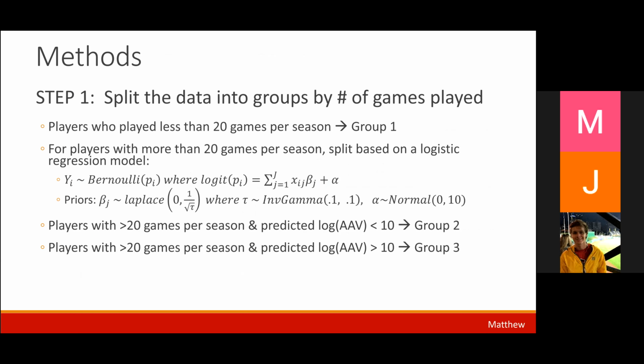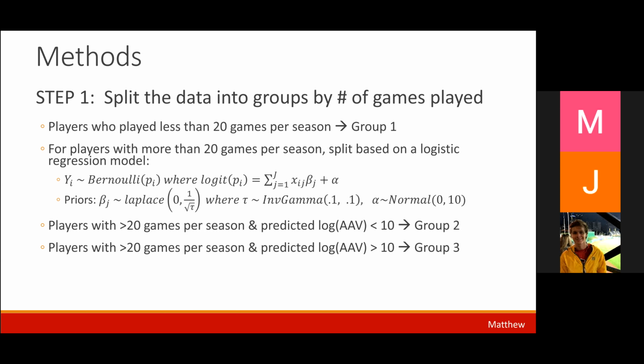For our model, we split it up into two parts. The first part is splitting the players up into three separate groups. When you think about NBA players, you can think of it as three separate groups, and we saw that within the data. The first group will be the players who are mainly bench warmers. They don't appear in many games, and when they do, they only play a very small amount of minutes. The second group would be those that we think of as role players, who come off the bench and play only about 10, 12, maybe at most 16, 18 minutes.